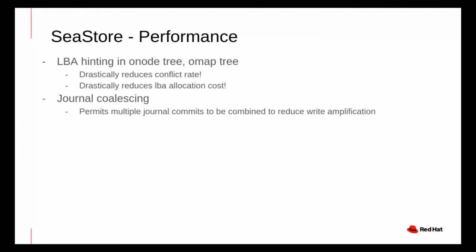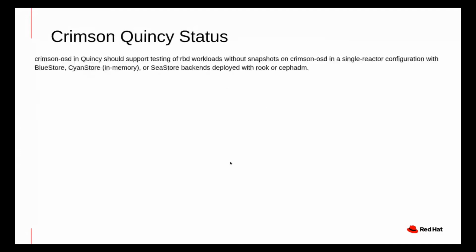On the performance side, C-Store saw some improvements to LBA hinting and journal coalescing, both of which improved performance. So this brings us to our top line summary for Crimson in Quincy, which is that Crimson OSD in Quincy should support testing of RBD workloads without snapshots on Crimson OSD in a single reactor configuration with BlueStore, CyanStore, or C-Store backends, deployed with Rook or Ceph ADM.